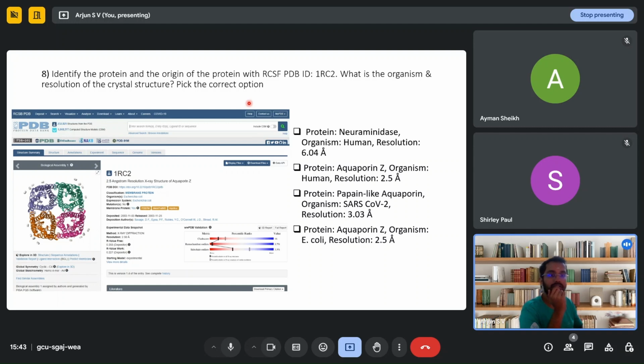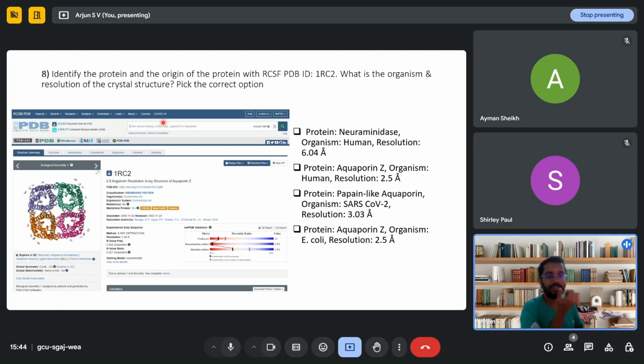So they're asking us, they've given us a Protein Data Bank ID, that is 1RC2, and they are asking what kind of organism it is and what is the resolution of the crystal structure.